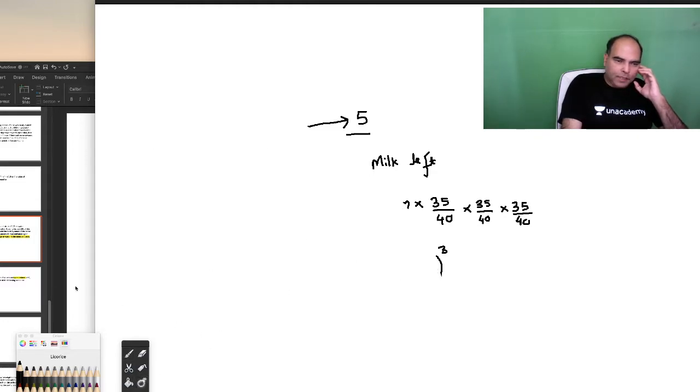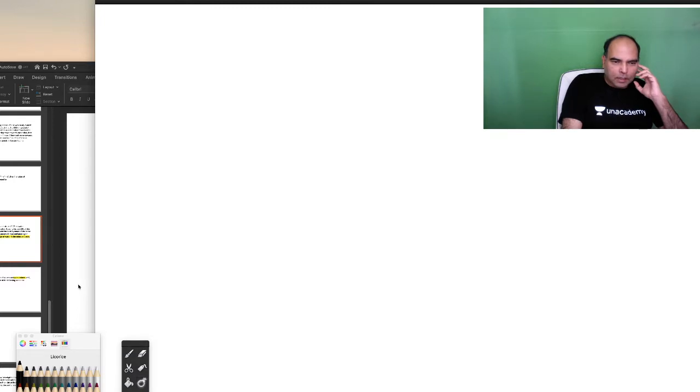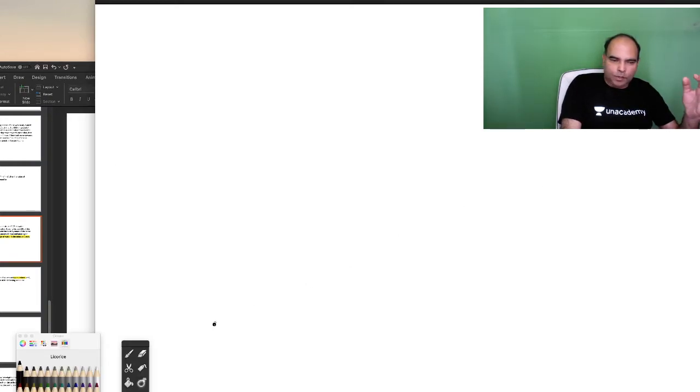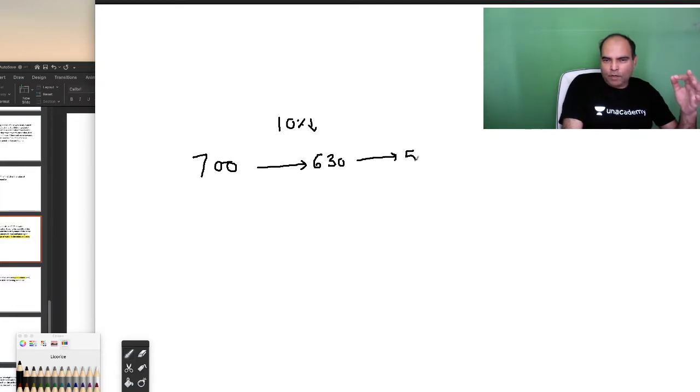So if you know this, and you look at this question, you can get rid of all the extra calculations that I did in that solution, which a lot of people did in this question, and simply do this. Since alcohol is not getting reimbursed, and I'm taking 10% of the mixture out, when I do this the first time, my alcohol will come down to 630, and when I do it the second time, my alcohol will come down to 567.